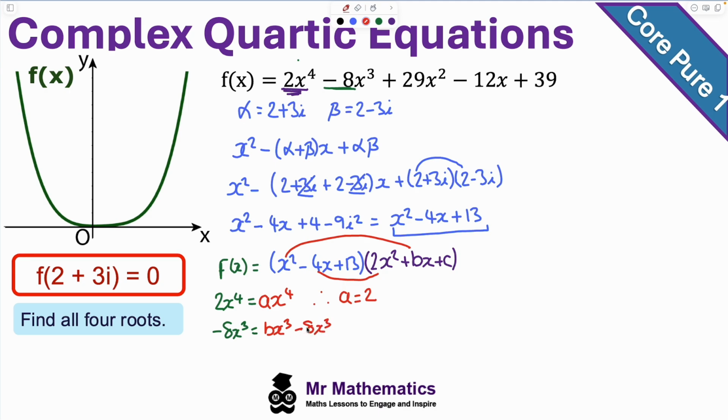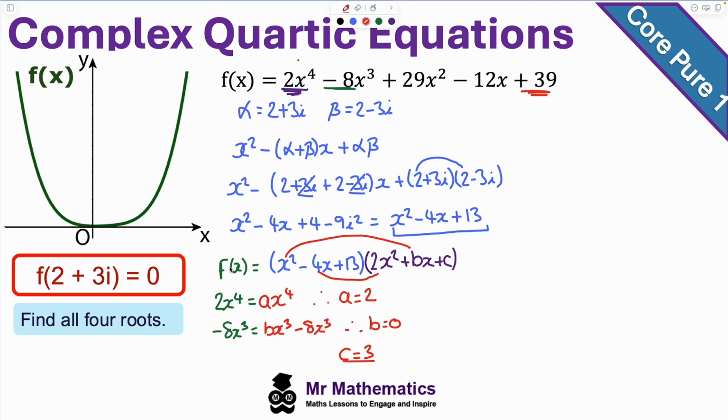And because we've got the x cubed on both sides, therefore b must equal 0. Now to work out the constant term, we know this will be 13 times c, and this must be equal to 39, so we can see that c must be equal to 3.